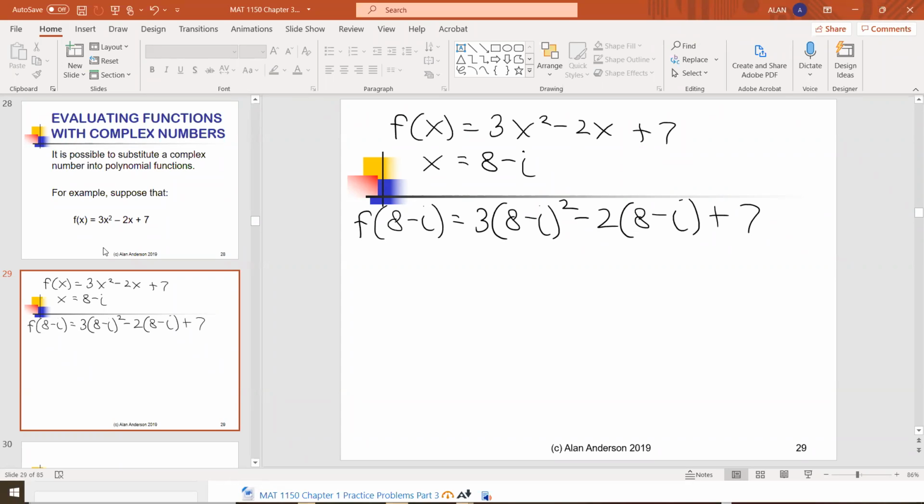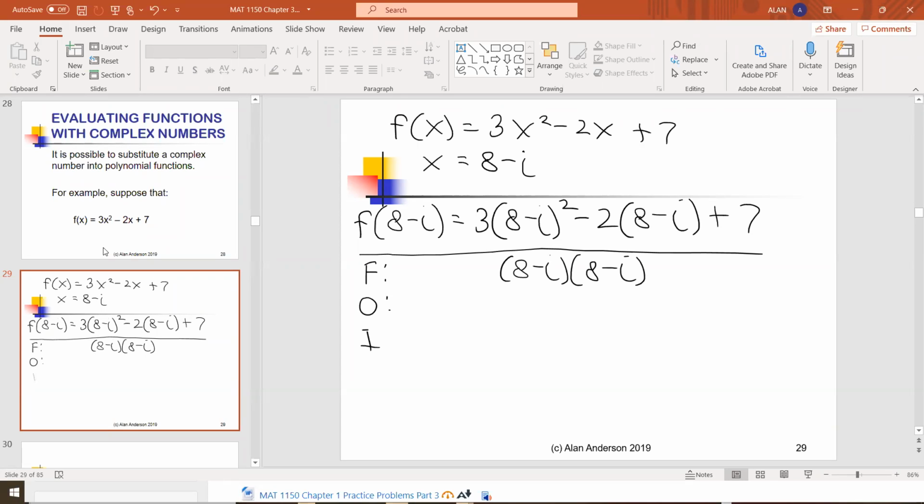Now, the only tricky part here is this square here, 8 minus i squared. So why don't we take a detour and use FOIL to figure out 8 minus i squared. Then we'll plug it back in here and we'll take care of the rest of this expression. So that's what we're looking at, F-O-I-L. F is 64.